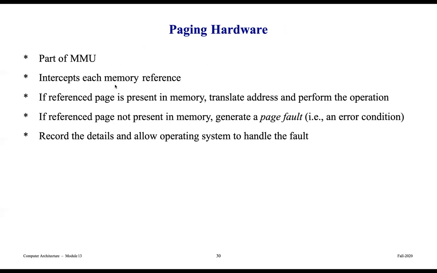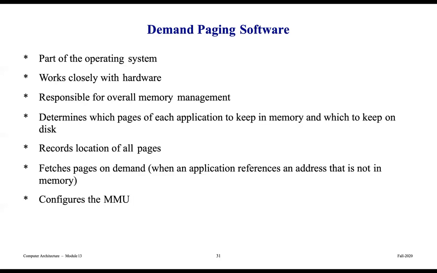It intercepts each memory reference. If the referenced page is present in memory, it translates the address and performs the operation. If the referenced page is not present in memory, it generates a page fault, that is an error condition, and it records the details and allows the operating system to handle the fault. So it's like generating an exception, and there's a way to handle the exception.